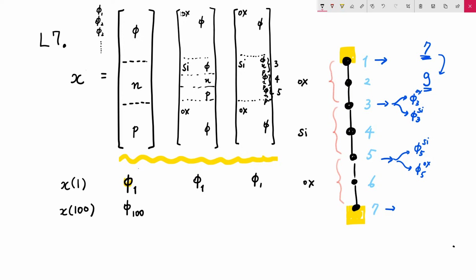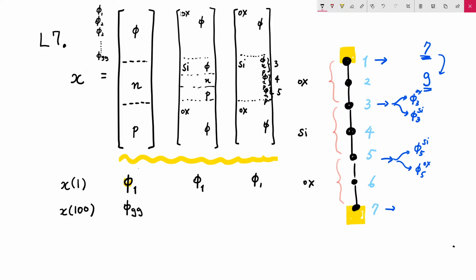So if we are really talking about the 100th element of our unknown variable vector x, then it corresponds to the 99th position. So it should be 99. Everybody, can you understand?